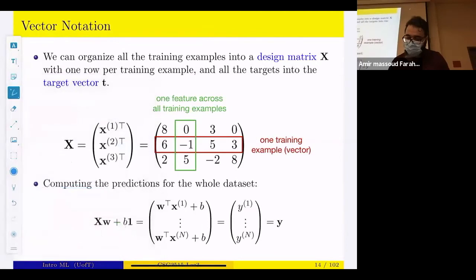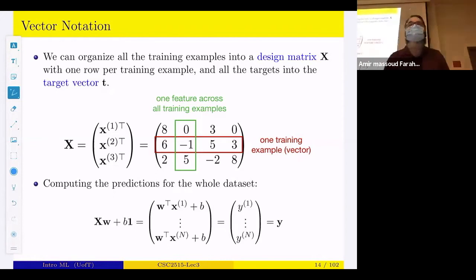Okay, so one other thing that is important and that you see often in machine learning is that we use vector notation to represent things. We try to use matrices and vectors to simplify our equations. So for example, we can organize all training examples into a matrix X, which is called the design matrix.